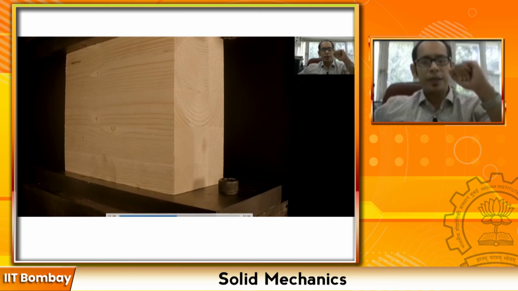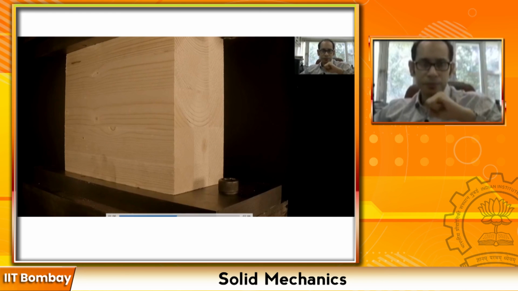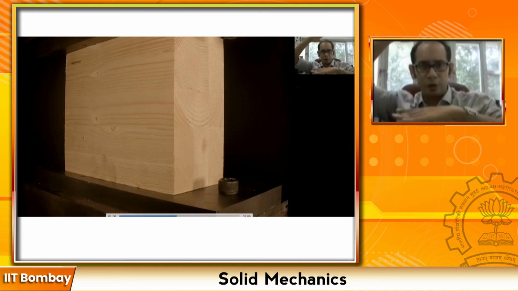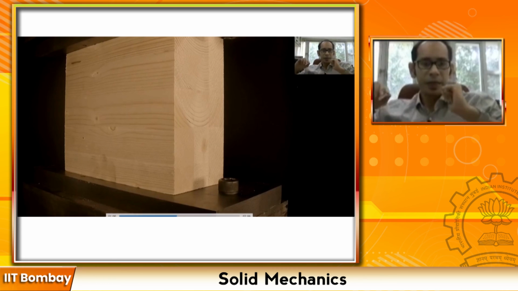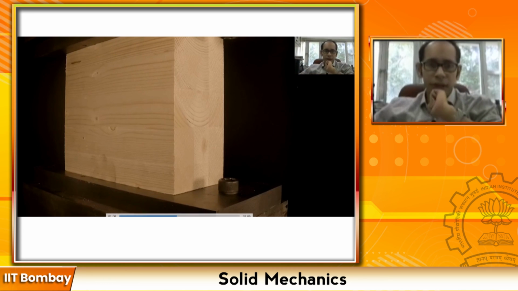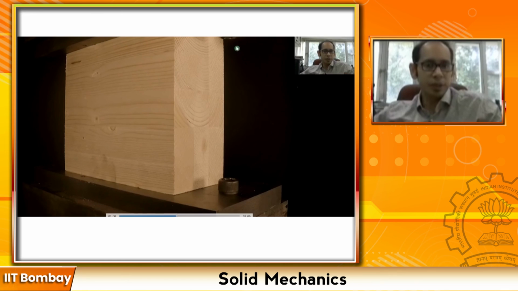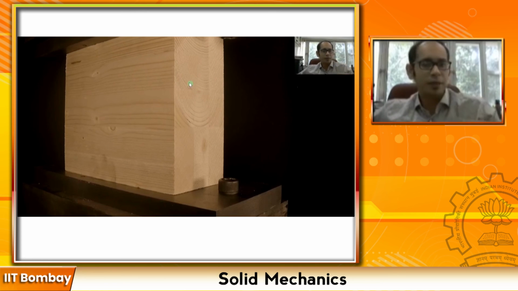What you see here is a block of wood which is being pressed from the top as well as the bottom. As I play this video, you will see that initially, due to these compressive forces from the top and the bottom, some cracks will start to develop in the middle, but look at the failure pattern and at what angle it eventually fails.